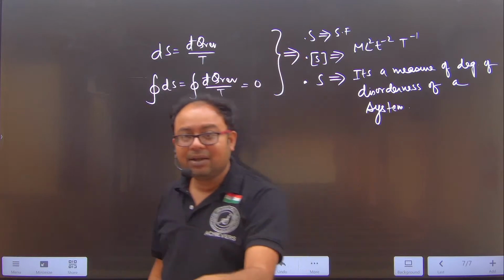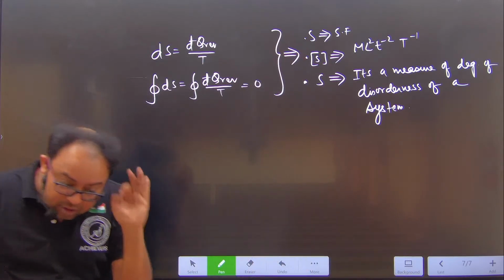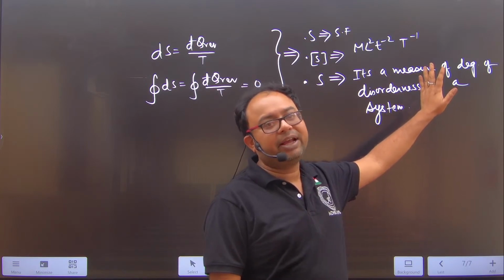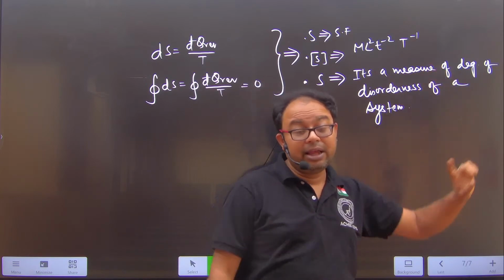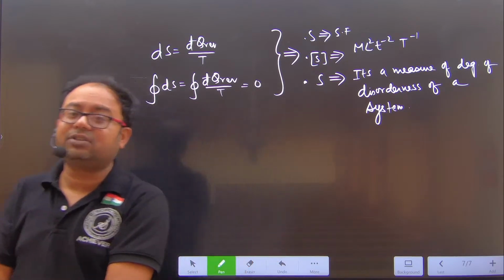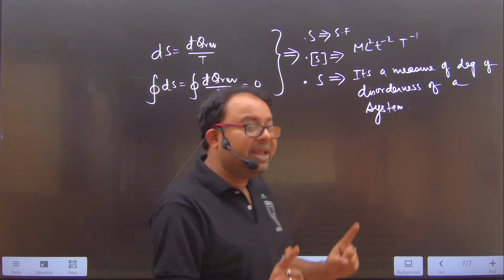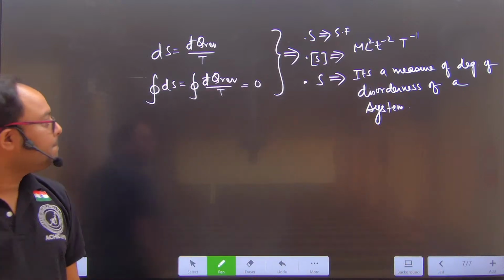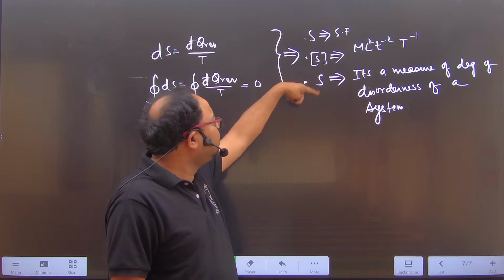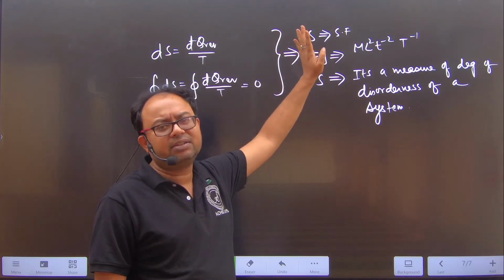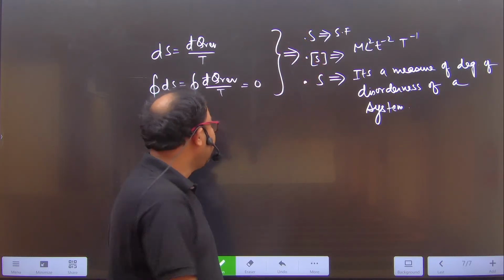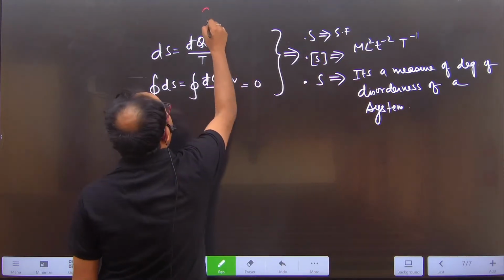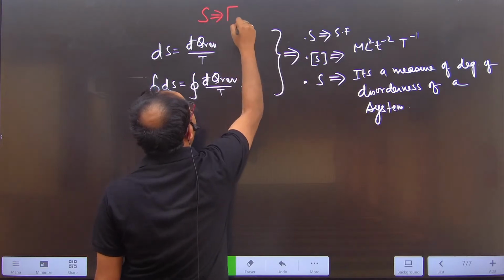But for the time being, we'll consider this particular significance of S, because in order to understand this significance of S, we must be acquainted with the third law of thermodynamics. So this is the significance of S, and this S is nothing but entropy.